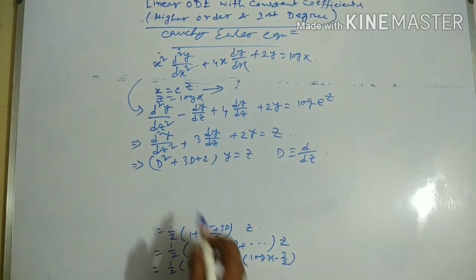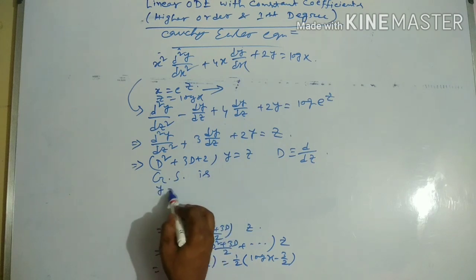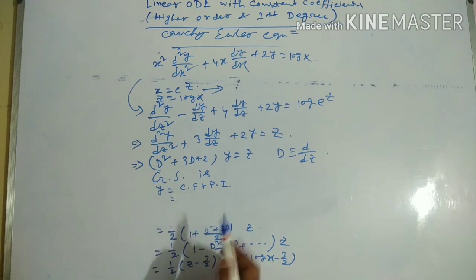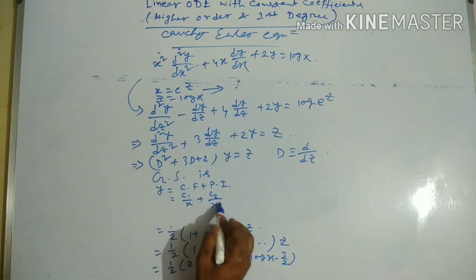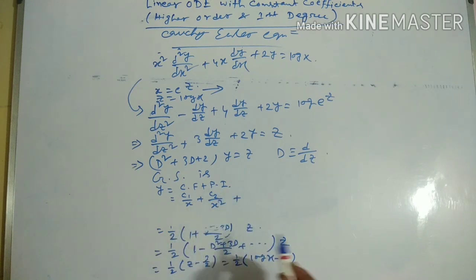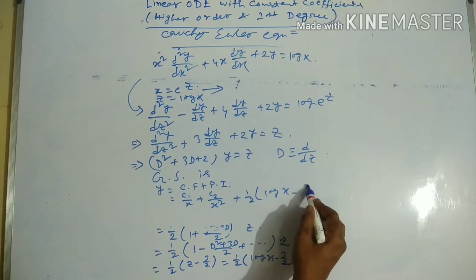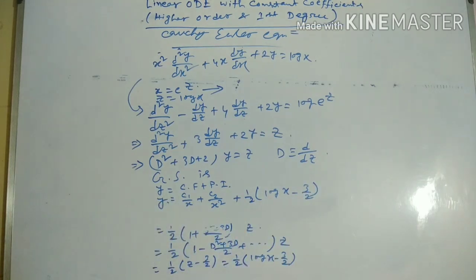So the general solution is y equal to CF plus PI, where CF was C1 by x plus C2 by x², plus PI, which is half into (log x minus 3/2). So this is our general solution.